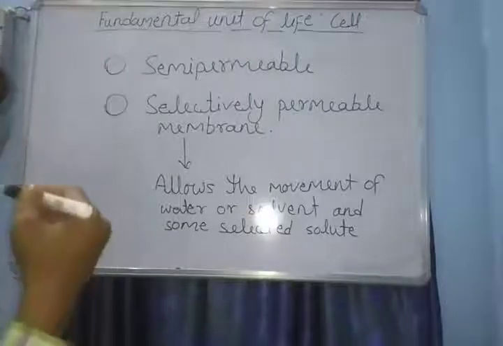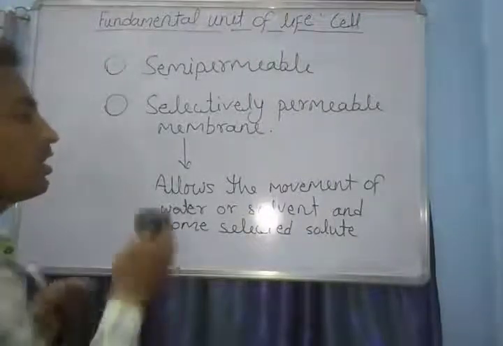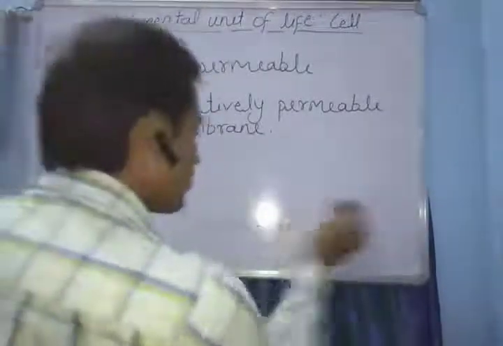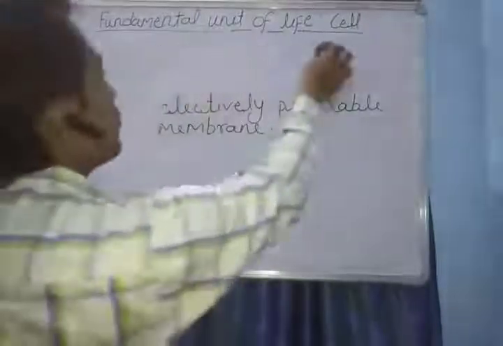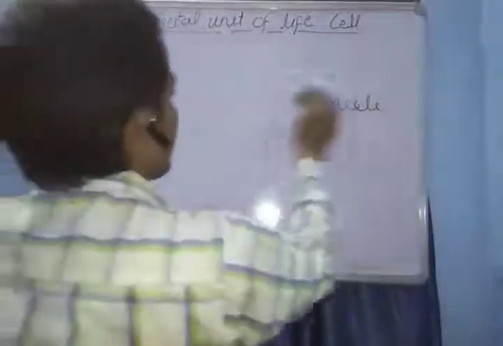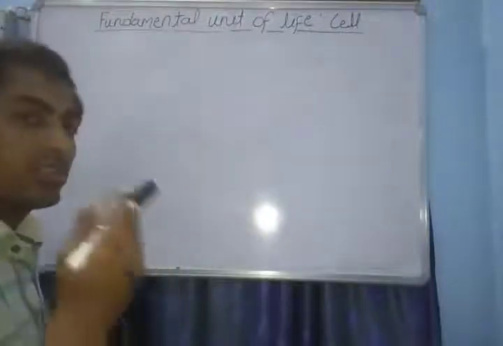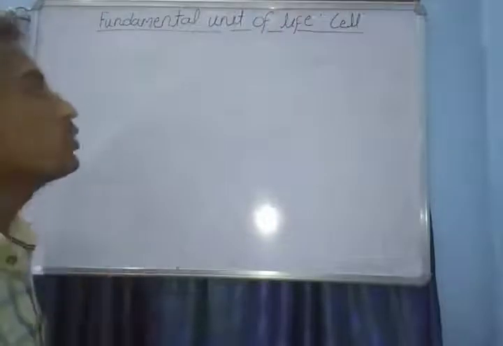So transportation through the cell membrane or plasma membrane occurs either with the expenditure of energy or without the expenditure of energy. On the basis of that, transportation is divided into two types.